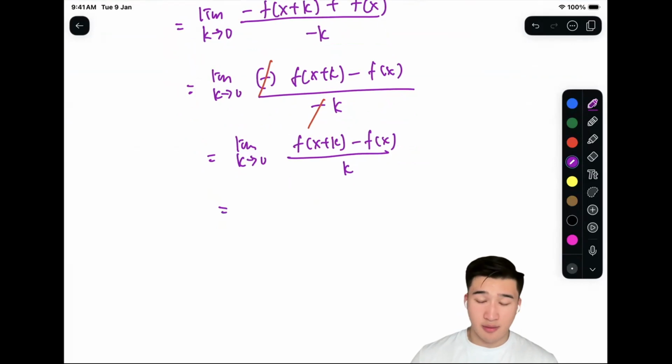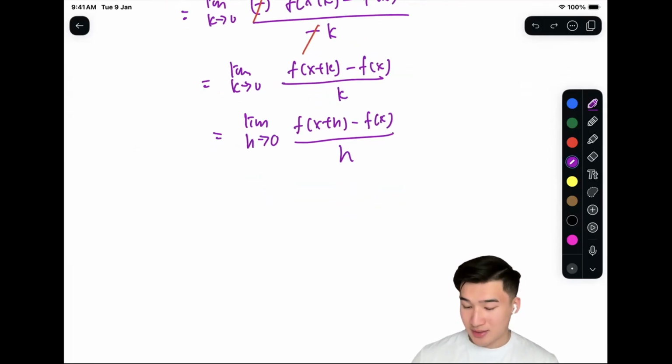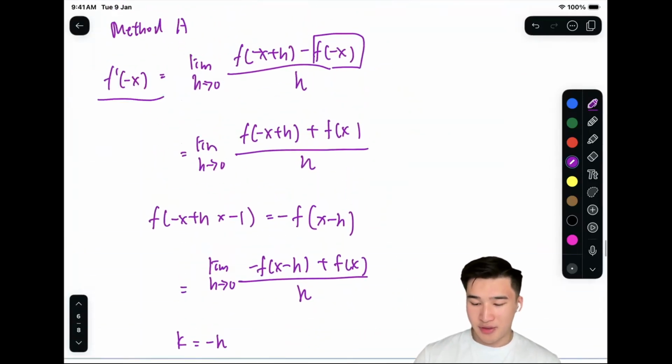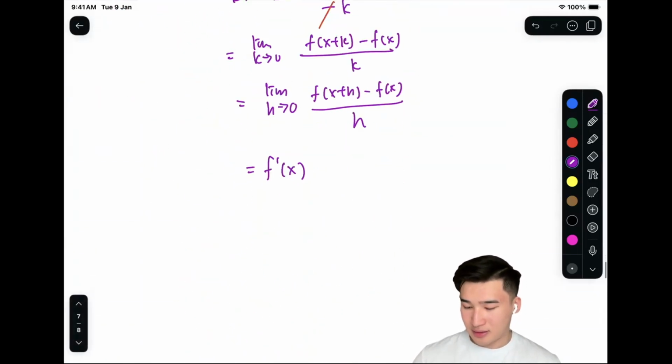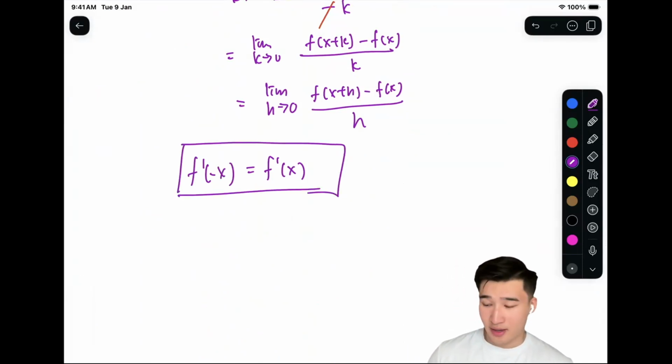Again, this is a dummy variable, so we can directly change it to h to 0, f(x plus h) minus f(x) over h. This basically is our f prime x. So we've just proved, using method A, that f prime negative x is equal to f prime x. This is how we prove it with method A.